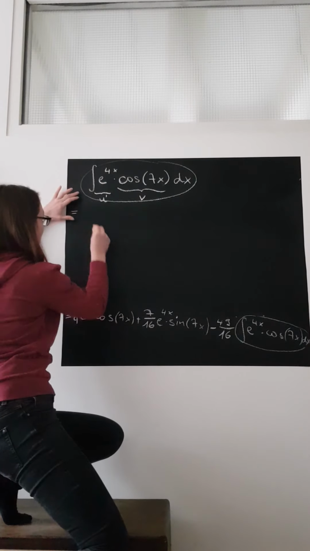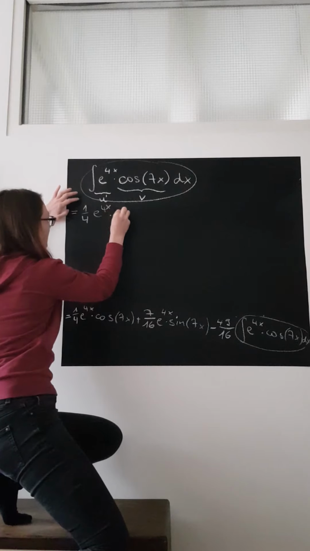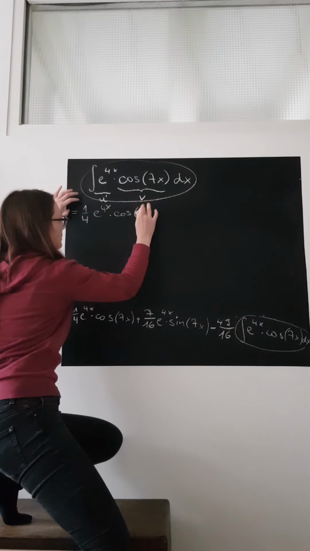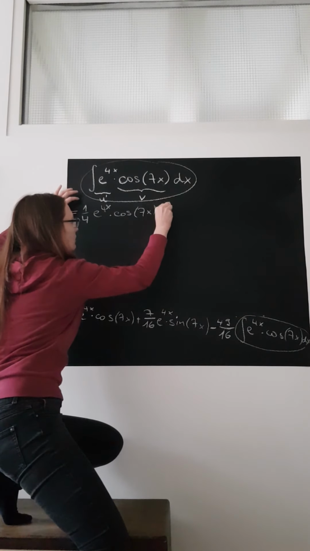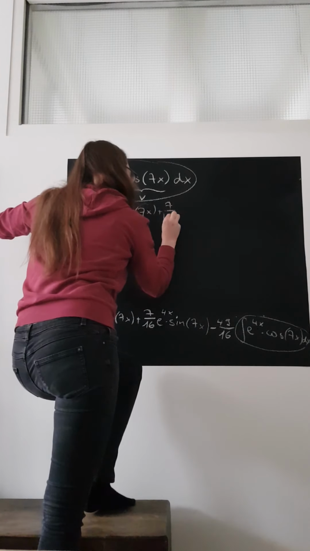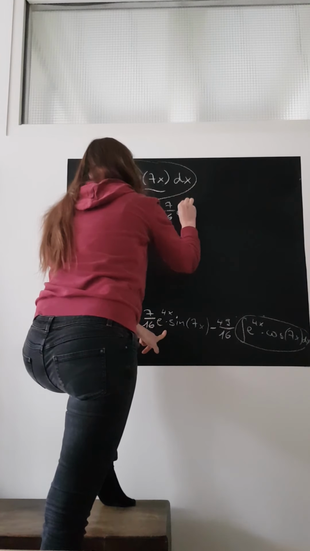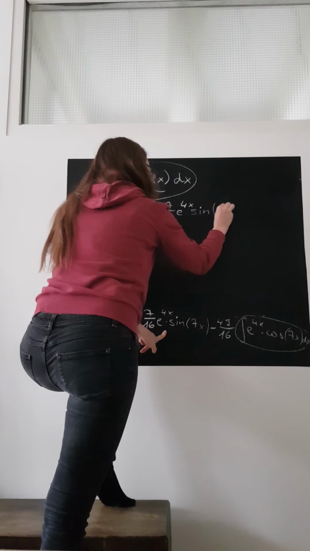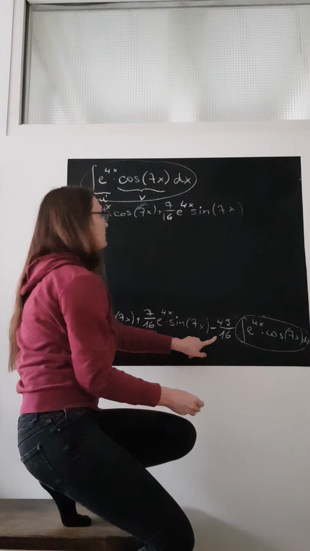So we have this thing as the same as just copying cosine 7x plus 7x minus this.